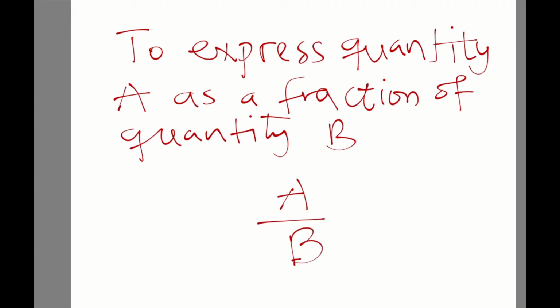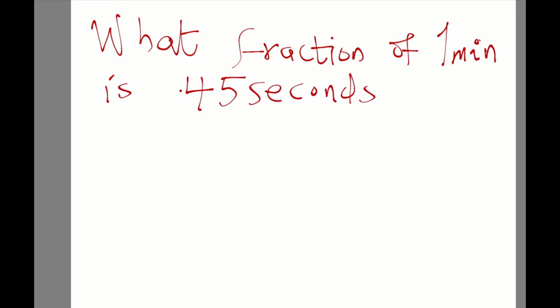And both quantities should be in the same units. Don't forget that both quantities should be in the same units. And quantity A is always a portion of quantity B. So to express quantity A as a fraction of quantity B, quantity B is the denominator.